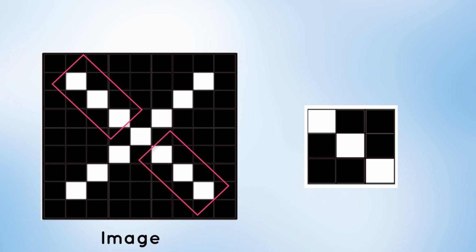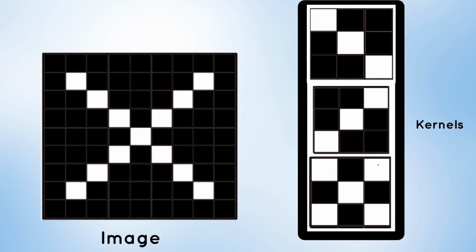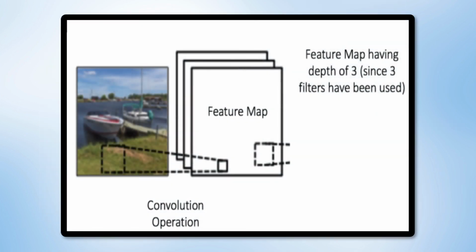Different filters are able to detect different features from an image. The more filters we have, the more features we can extract from the original image, and thus improving the neural network's ability to recognize patterns in unseen images. So in the case of this example, we performed 3 convolutions on the same input.